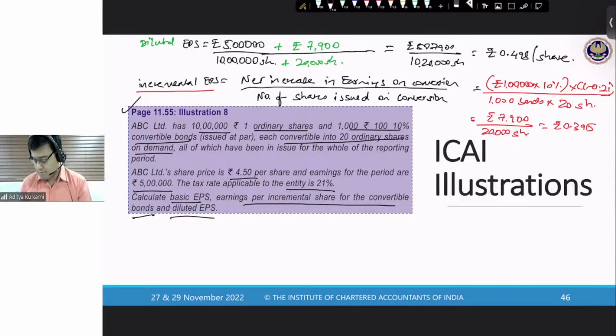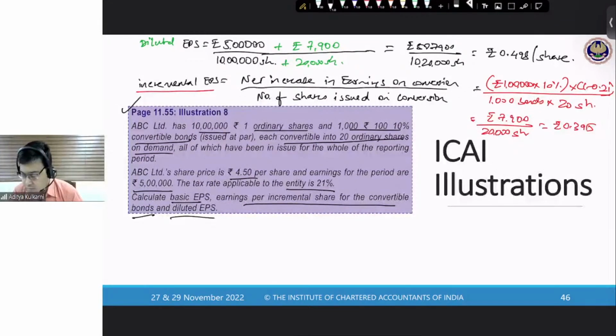Is it understood? Have you guys understood this illustration 8? Yes. Manini, what is 4979? You had asked some 4979.